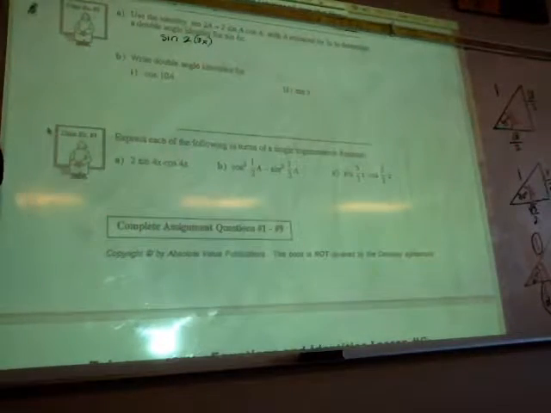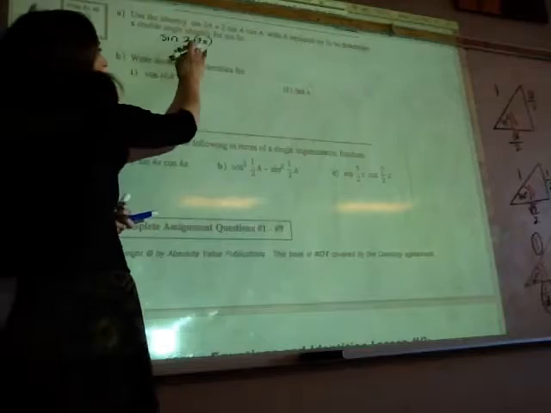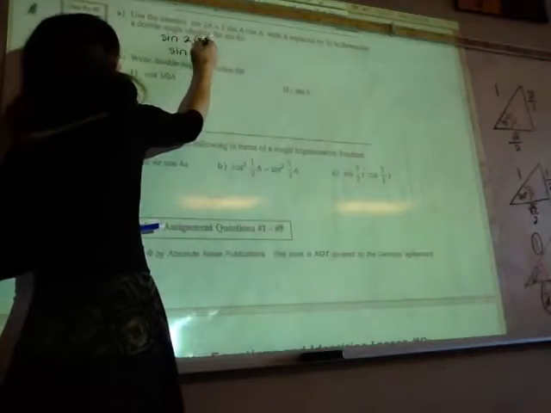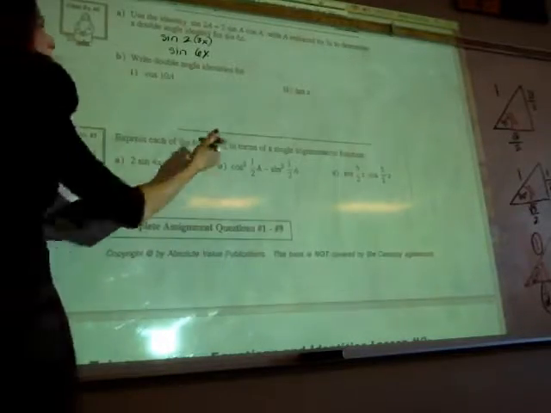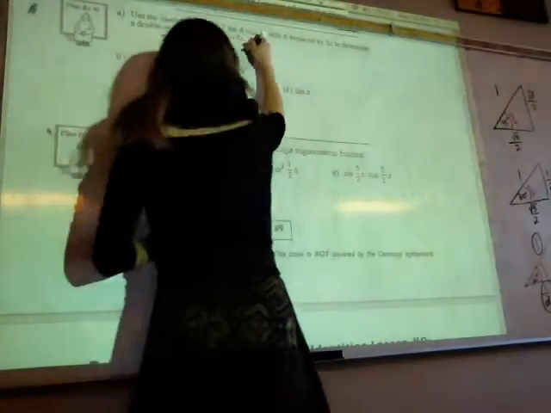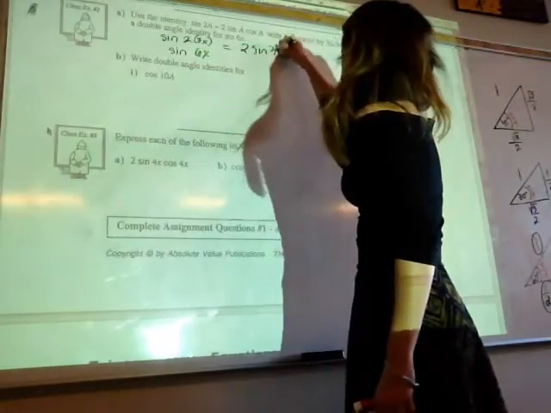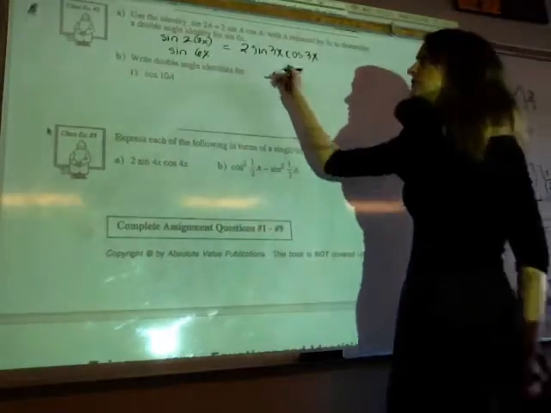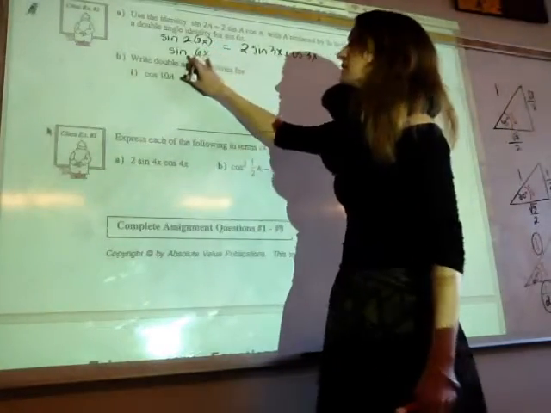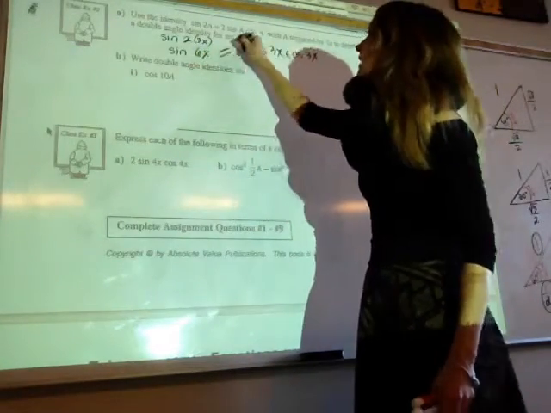So we're just working on the left-hand side first. Sine 2 times 3x gives us sine 6x. So now we just have to figure out what is the right-hand side. We have 2 sine 3x cosine 3x, and there's nothing else we can do. So maybe I should just write it as sine 6x equals that.